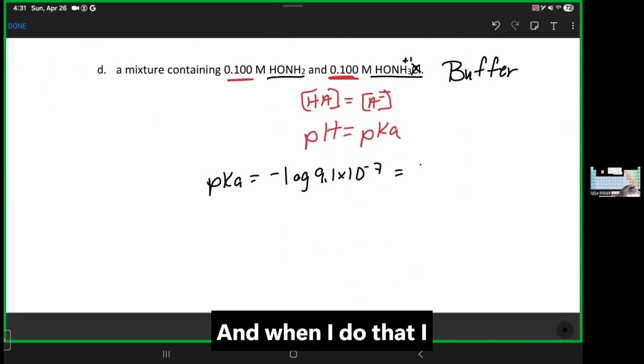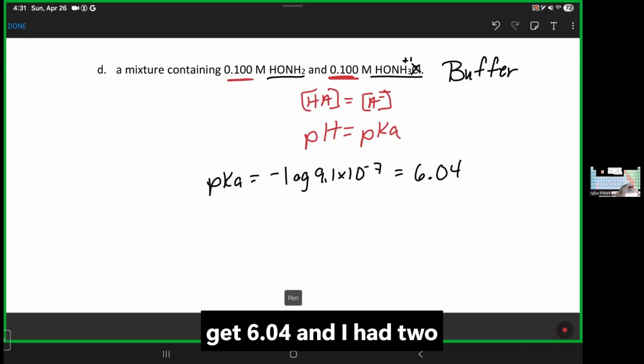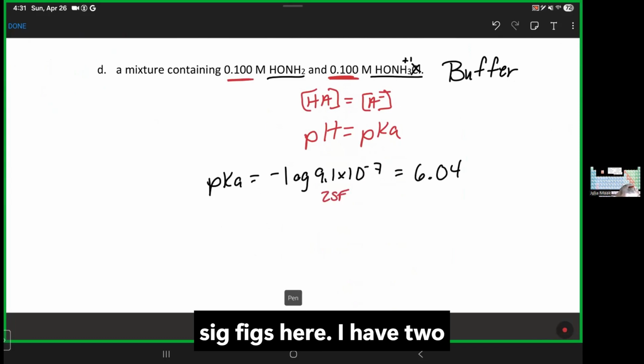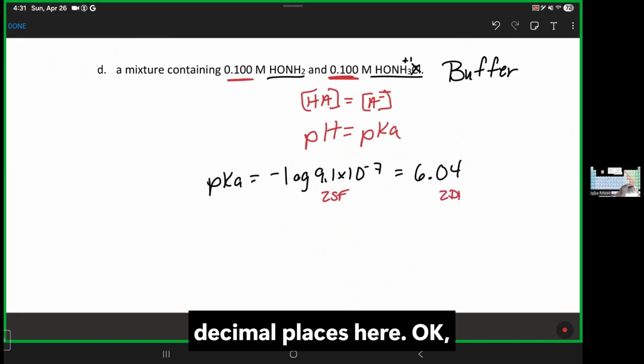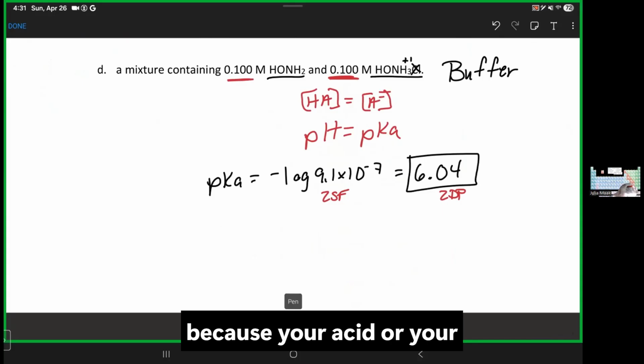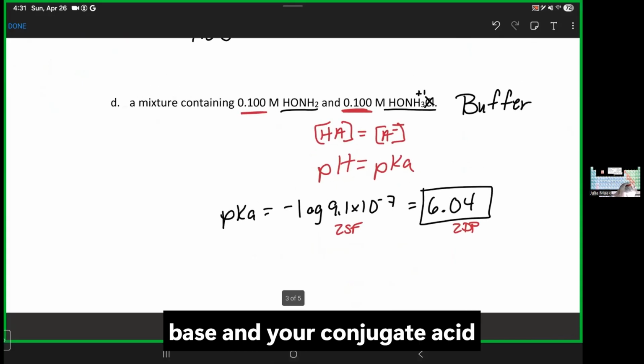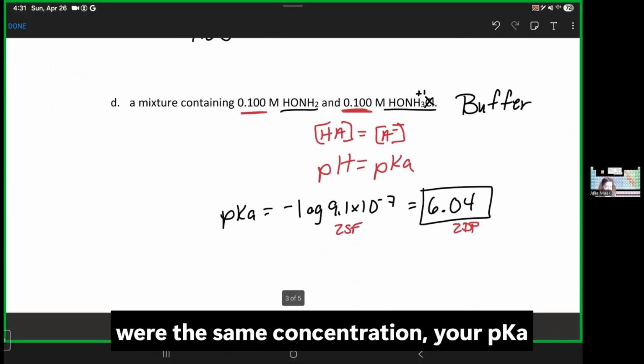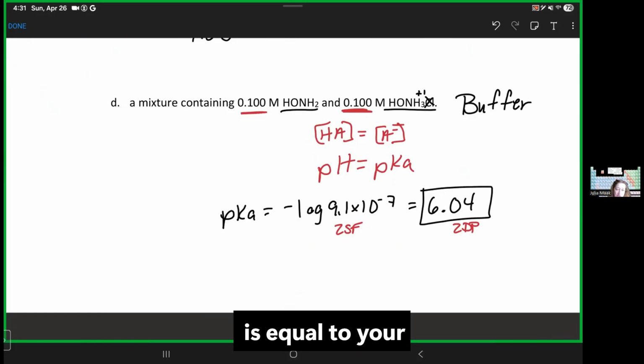And when I do that, I get 6.04. I had 2 sig figs here, so I have 2 decimal places here. Okay, because your acid or your base and your conjugate acid were the same concentration, your pKa is equal to your pH.